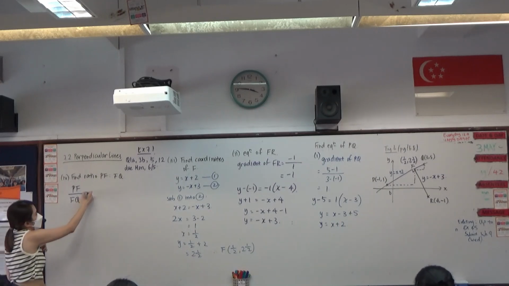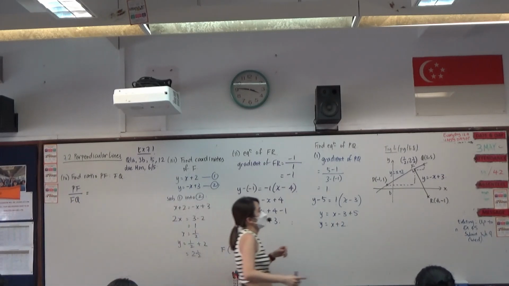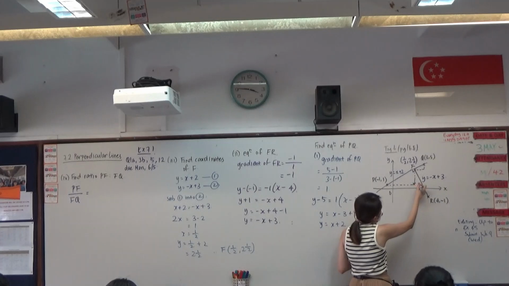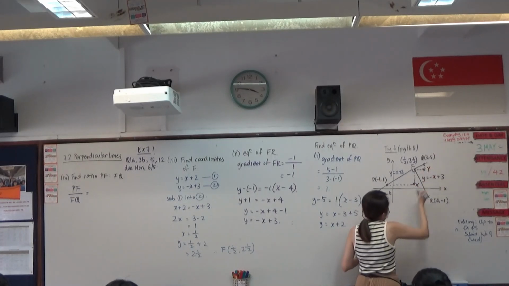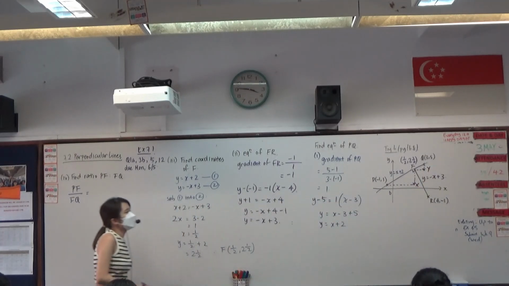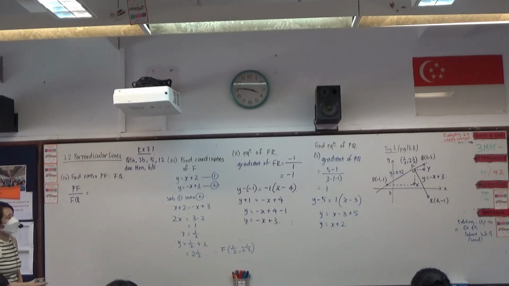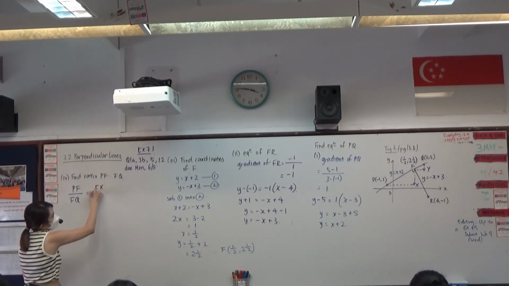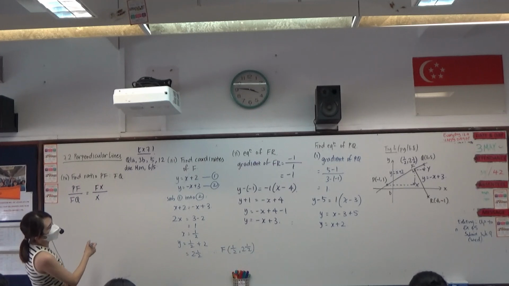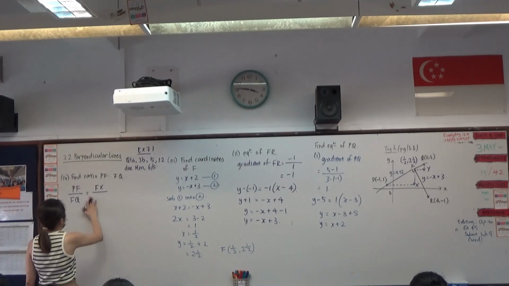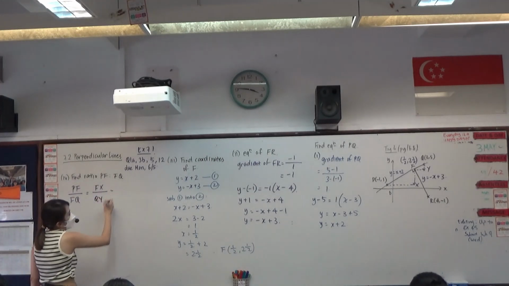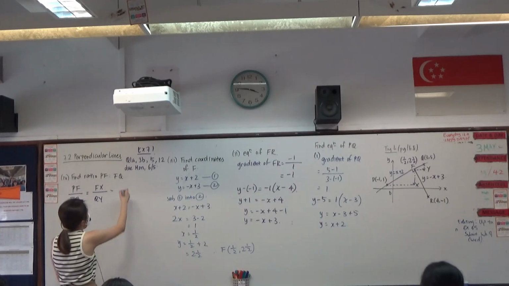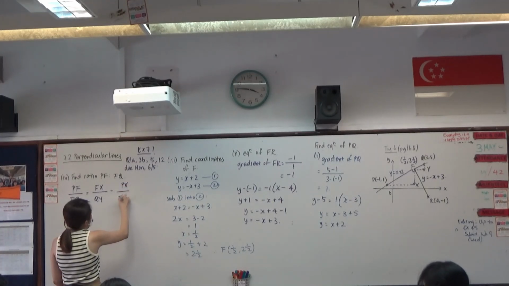Okay? For which it is equal to, let's say if I call this point X and I call this point Y, the corresponding sides of the two similar triangles will be FX over QY, and also PX over FY.